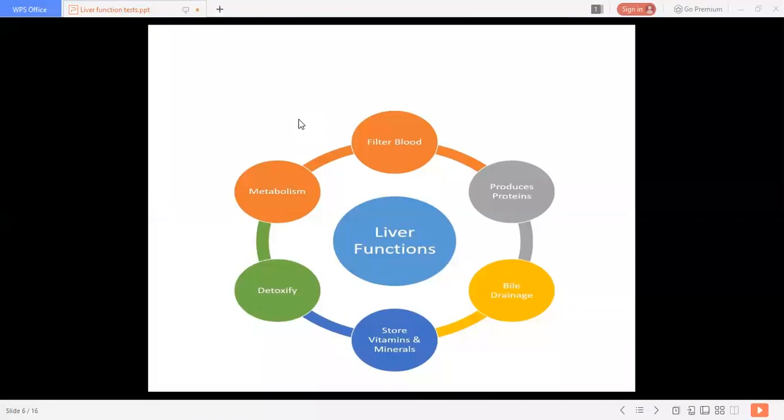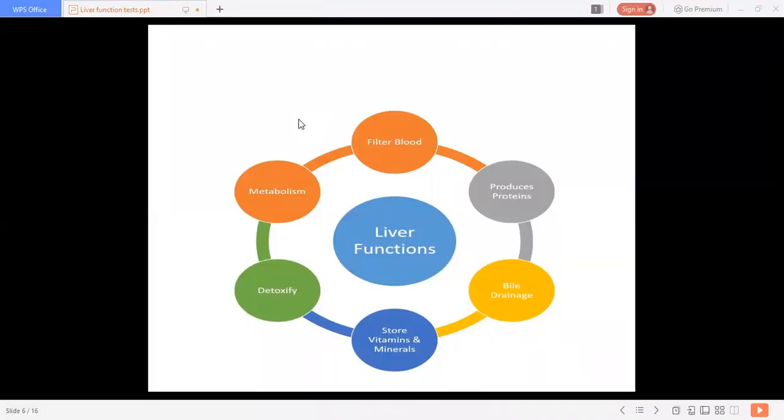Whenever there is an increased albumin globulin ratio, it is indicative of hypothyroidism, and a decrease in the albumin globulin ratio indicates liver dysfunction.